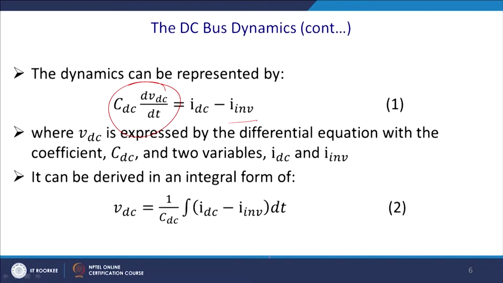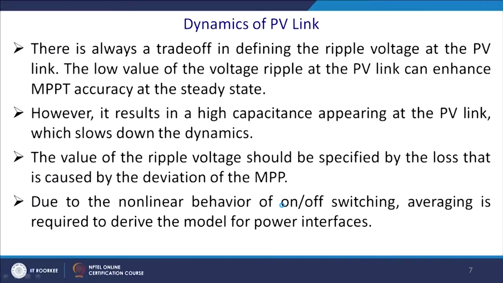Ultimately, C dV/dt will compensate that amount of deficit. From there we can integrate, so VDC will be 1 by CDC times the integral of (IDC minus INV) dt, and we want the value of VDC to remain almost constant, so the ripple in that capacitor is less.